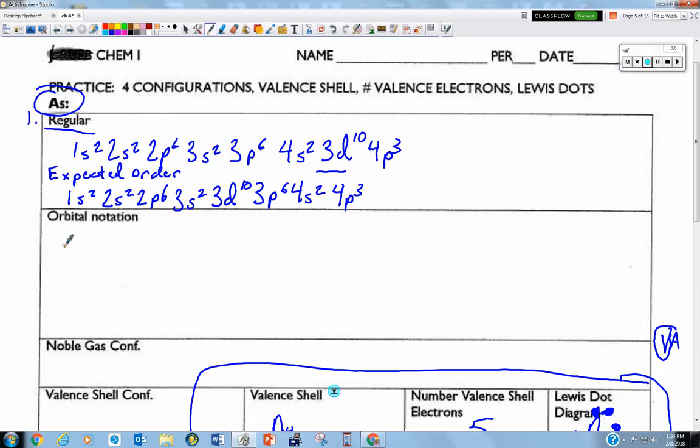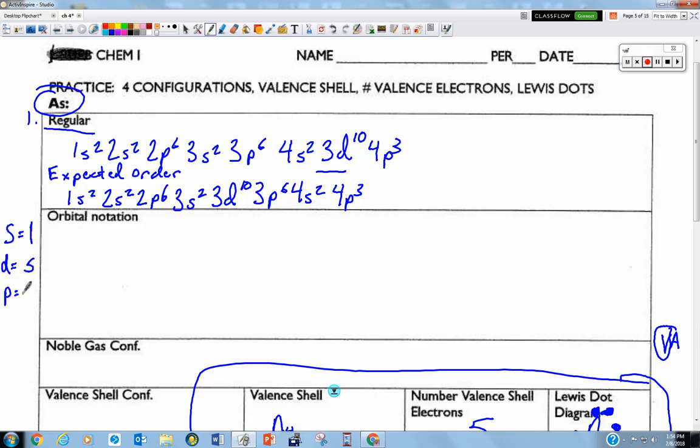what was happening with the orientations and how many orientations we have of each shape. So I'm just going to make some notes over here on the side. So for the s orbital, how many orientations or how many directions can a sphere face? All right, 1. For d, how many orientations did we say we had for d? 5.